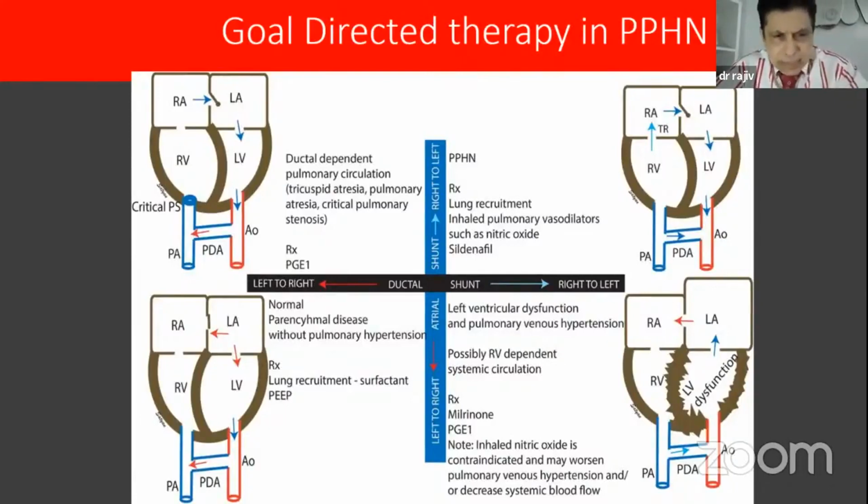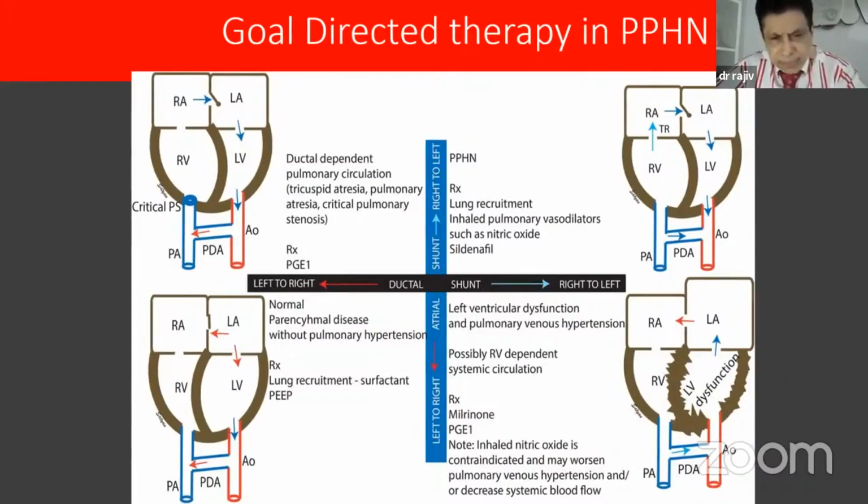The other combinations are a little bit rare. So if you have pure PPHN due to lung parenchymal problems like MAS or pneumonia, just lung recruitment, either with a good end expiratory pressure or high frequency oscillation, most of the times your pulmonary vascular resistance will change, as I showed in the earlier figures. This is the rare combinations which you see.